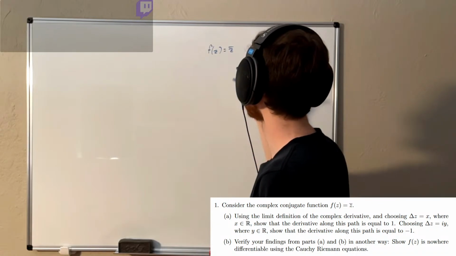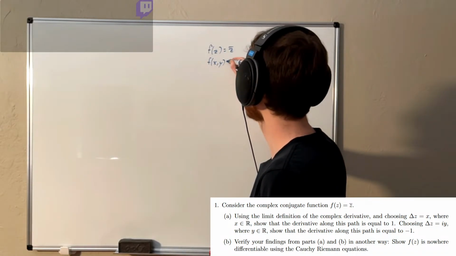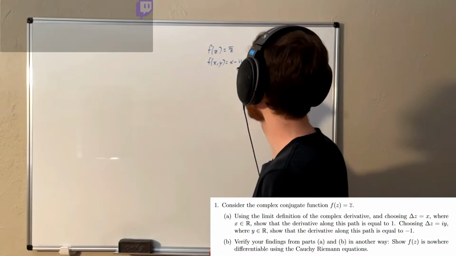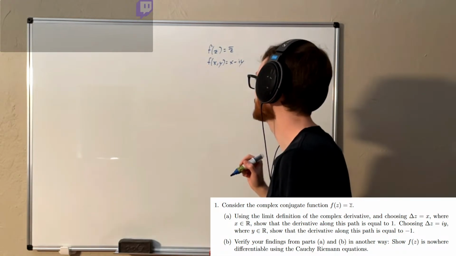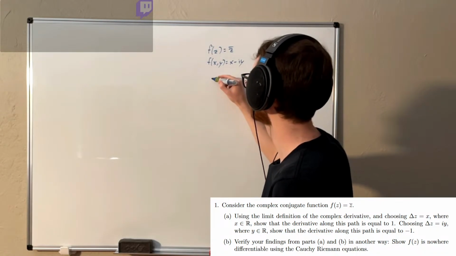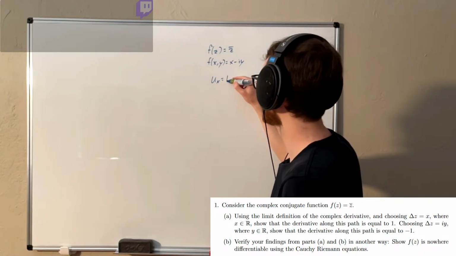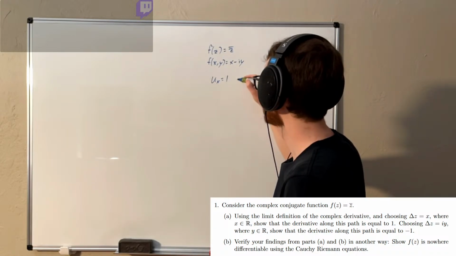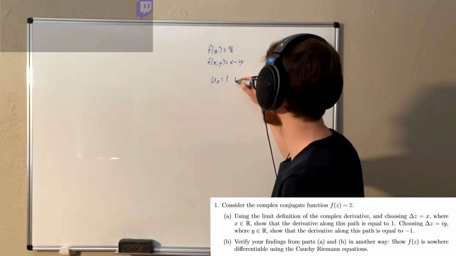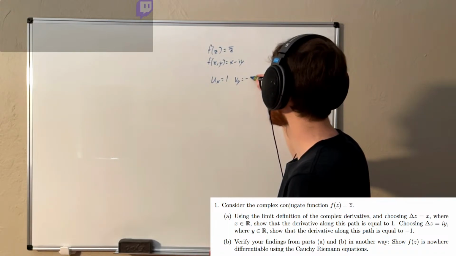f of z is z conjugate. Also say f of x, y is equal to x minus iy. We're going to need that form for Cauchy-Riemann. So u sub x is 1. V sub y is negative i.